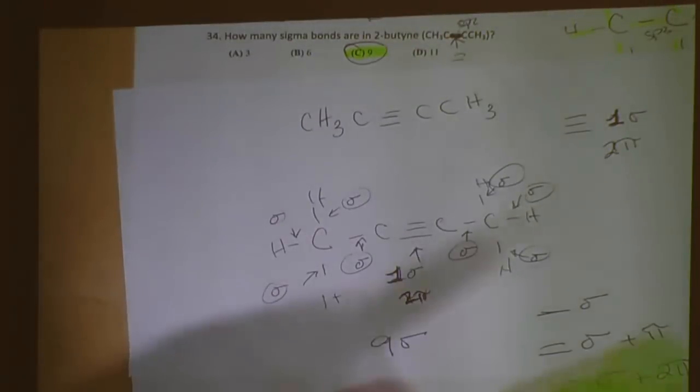That's my answer. So let me post the complete answer key here. And the ones that we did not go over, the ones that we kind of ignored, I'm going to also put ignore next to them. So number 23, also ignore.